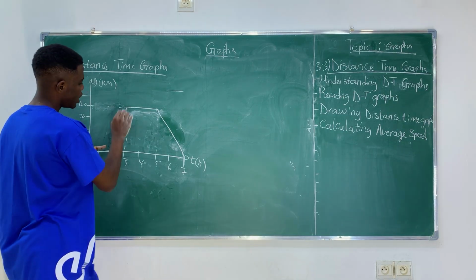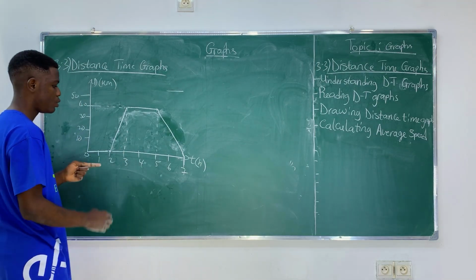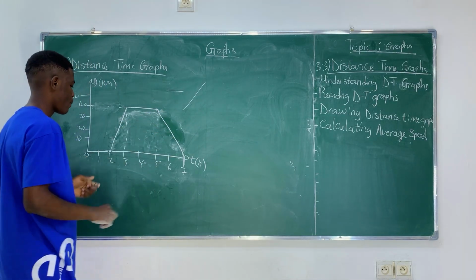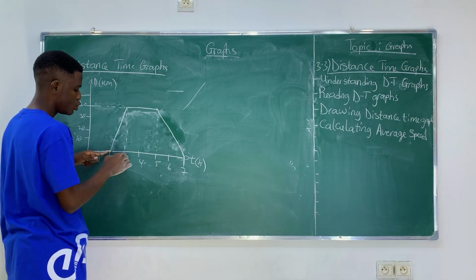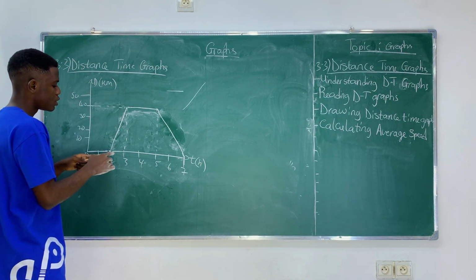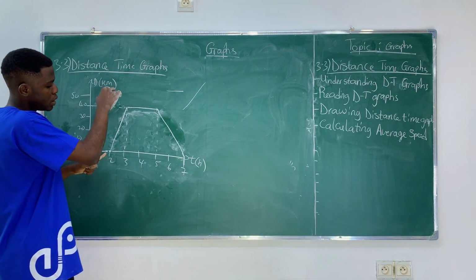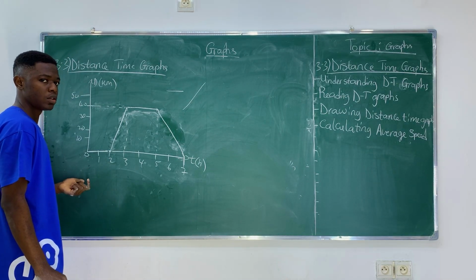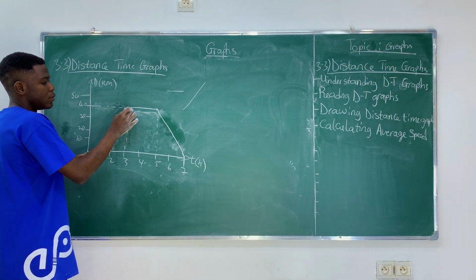The second stage is from here to here. How do you describe this? You see that this means moving forward with a constant speed. So you say from the second hour to the third hour, the car moved 40 kilometers with a constant speed, because it ends at 40.